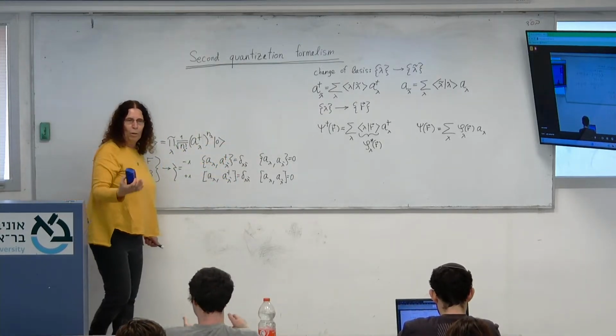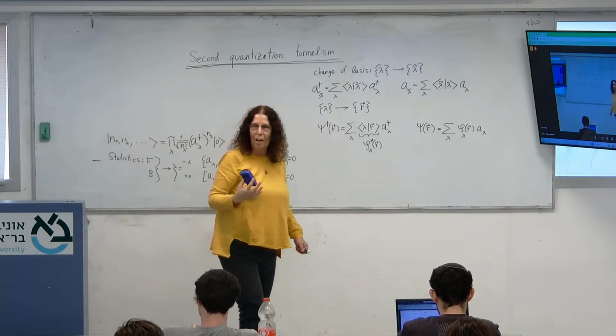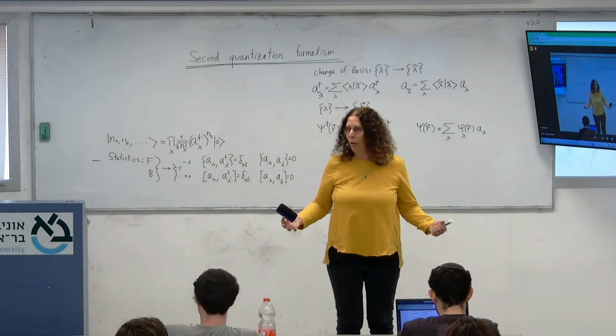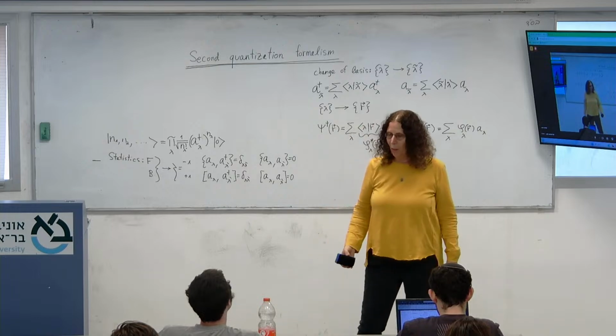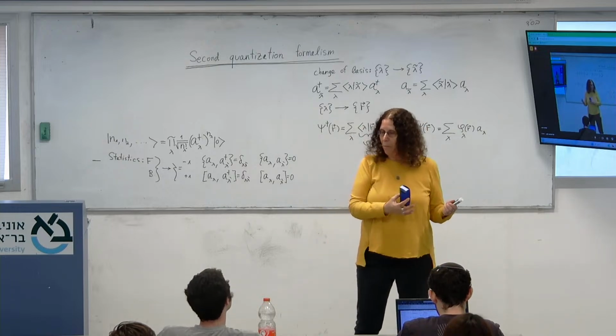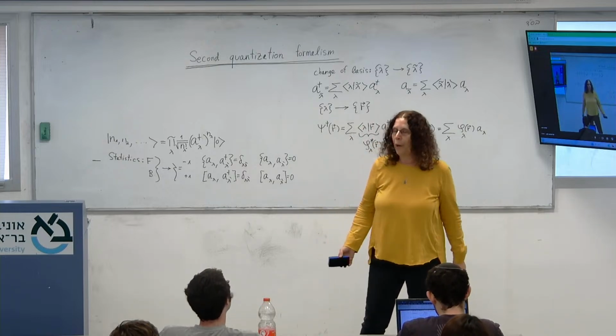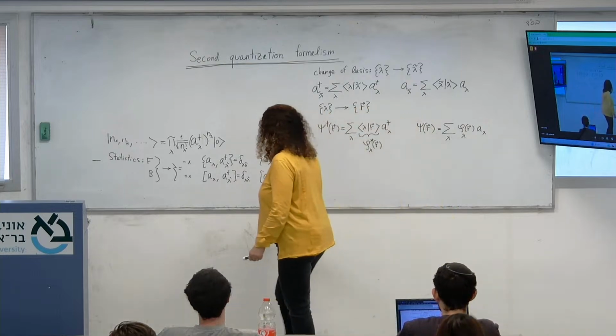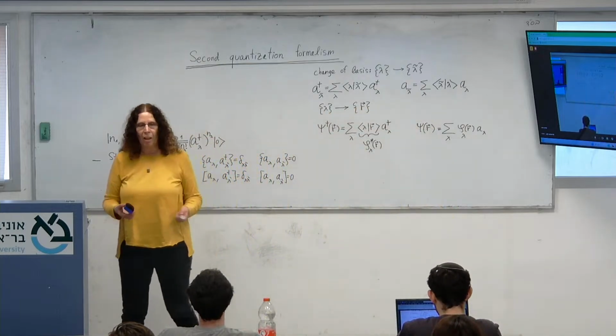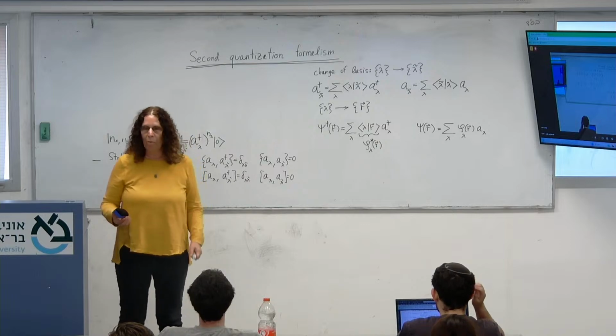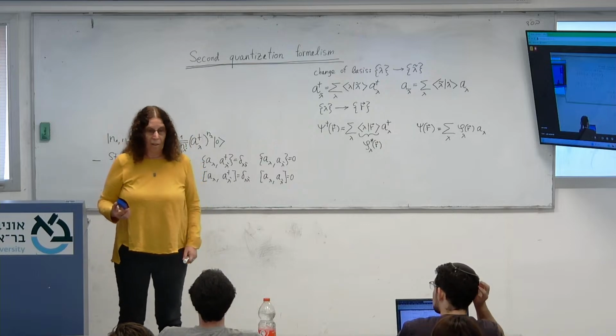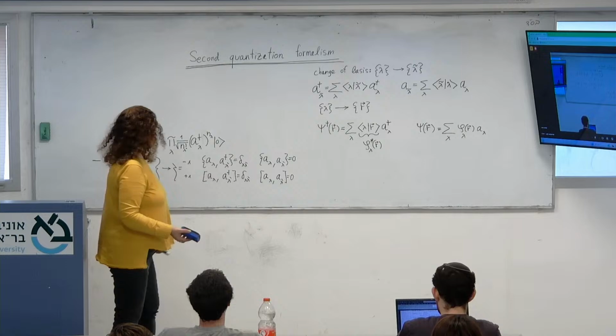Eventually, the most important operator for us is going to be the Hamiltonian. But the Hamiltonian may have different terms contributing to it, describing potentials, kinetic energy, and interactions between particles, which is the most complicated object.